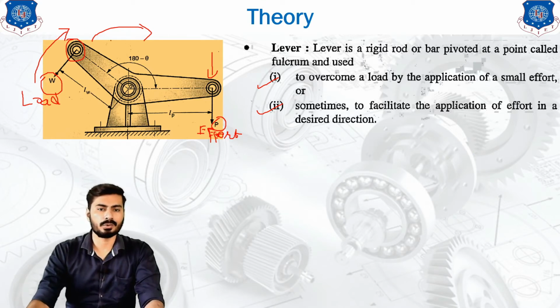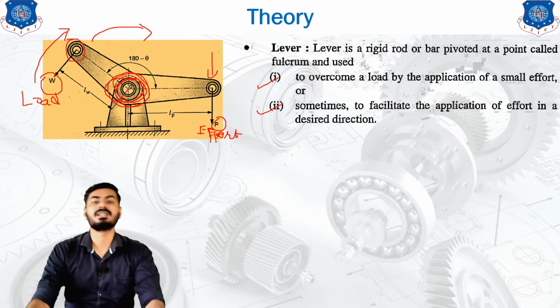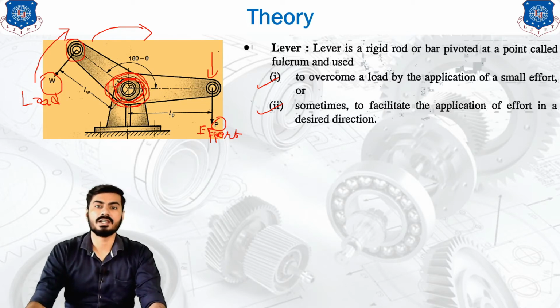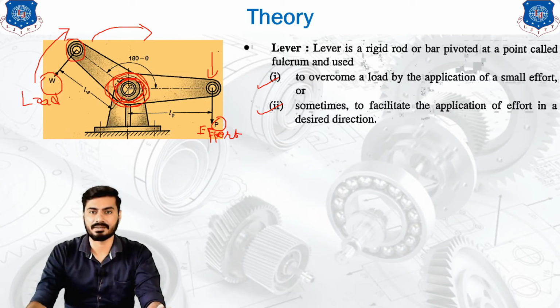How are we going to rotate this? By providing the pivot point over here. This is the pivot point, also known as the fulcrum of the lever. The fulcrum is the support about which the lever can rotate easily. This is the only support which the lever has.